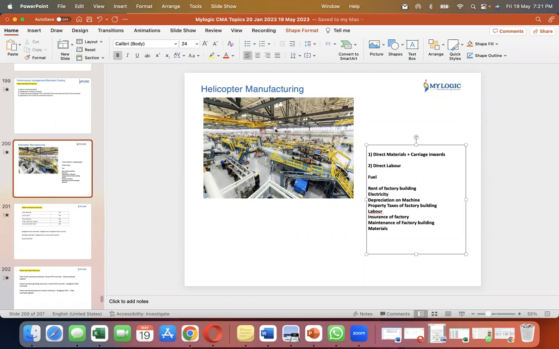So direct material is nothing but that which is directly attributable to production. For example, steel and composite material go directly into your production, and the cost accountant can directly enter it against the project, and at any given point of time you will get the data. Similarly, direct labor: specific people, 10 people, will be assigned to 747. The cost accountant will have the data.